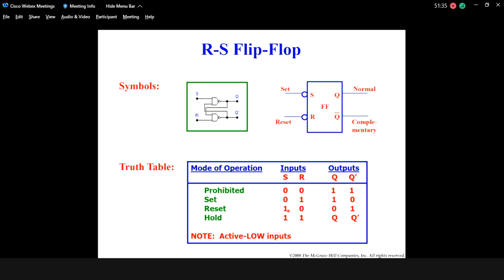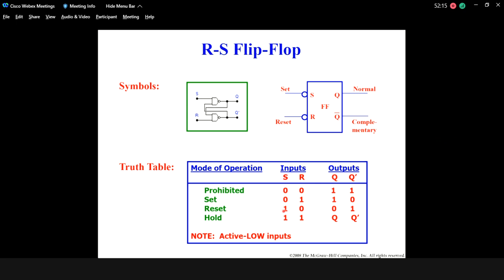In set mode, the input of S is 0, input of R is 1. So you will get output here Q equal 1 and Q prime 0. Normally you just need to remember the Q output, because Q prime should be the opposite of Q. Based on that, when we give S the set value 0, Q will become 1.